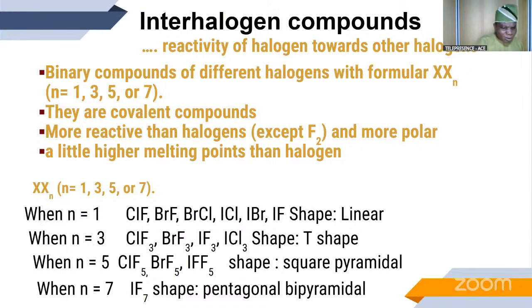So when n is equal to 1, then you have ClF, BrF, and you have BrCl as well.